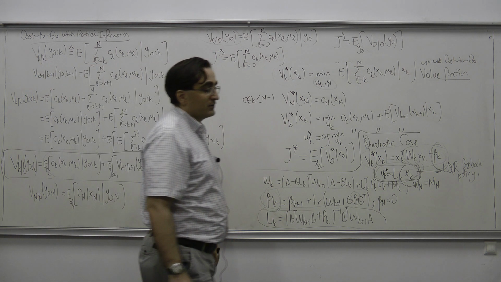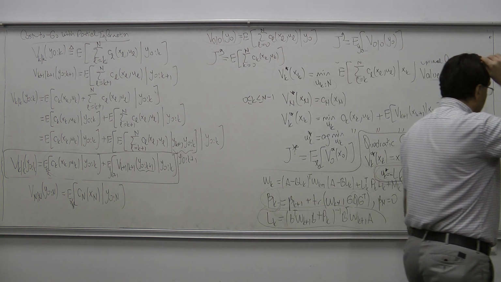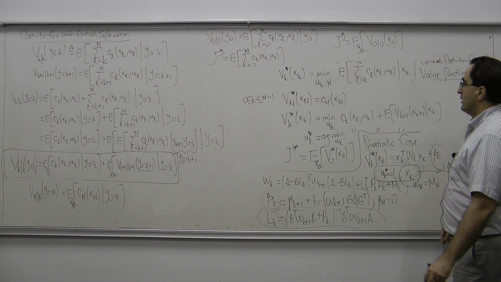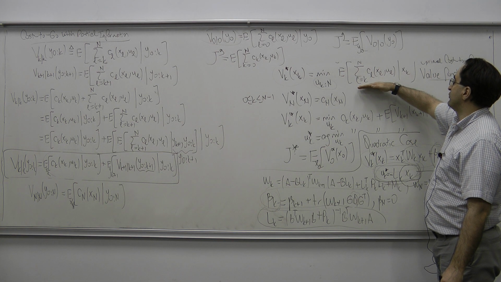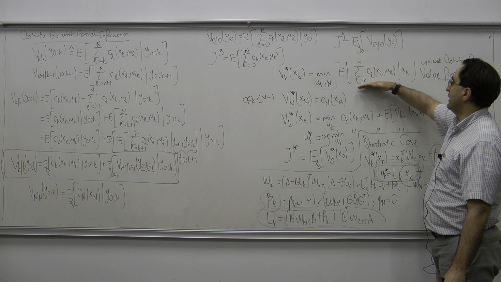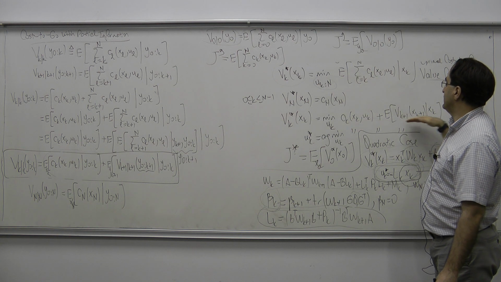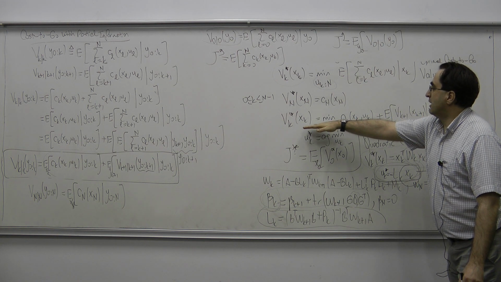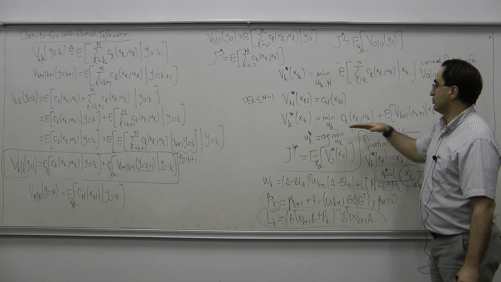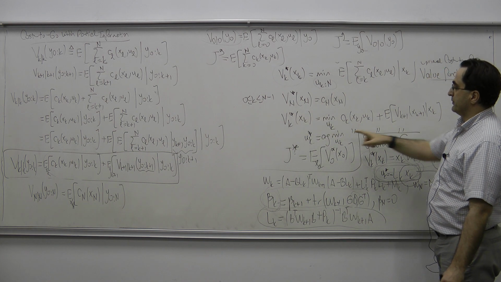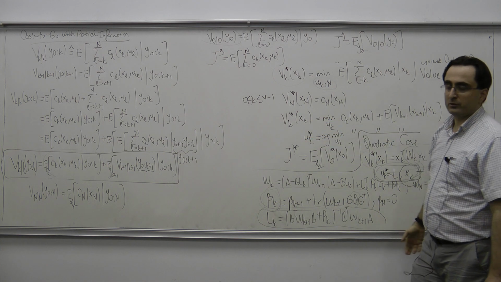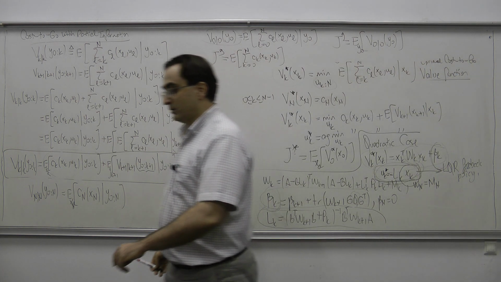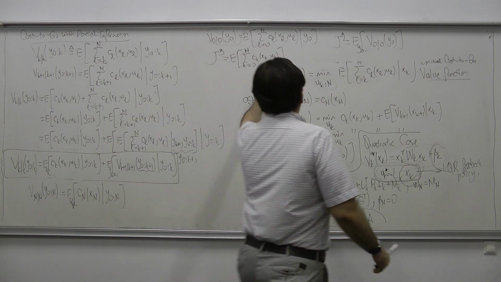To obtain the dynamic programming algorithm in the complete information case, we got the cost to go function at time k, and then we optimized the right-hand side of the recursion with respect to UK. Now that is going to be what we are going to do in the partial information case as well. Okay?